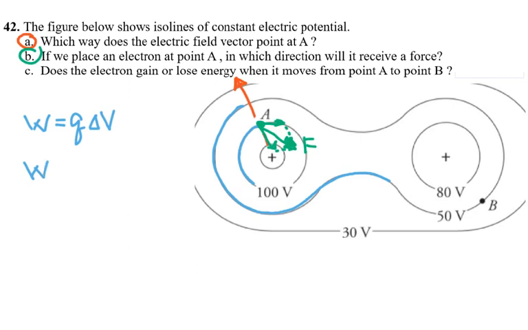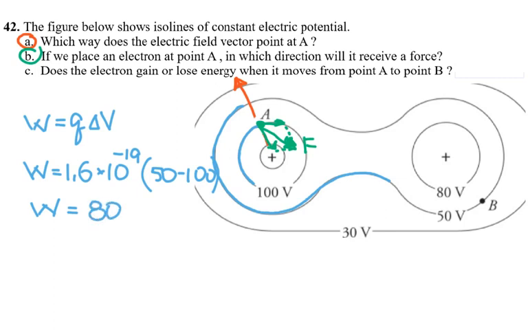So the work is going to be equal to 1.6 times 10 to the negative 19, times the final minus initial, so I have 50 minus 100, and that will give me 80 times 10 to the negative 19 joules, and I'm going to write it negative right here.